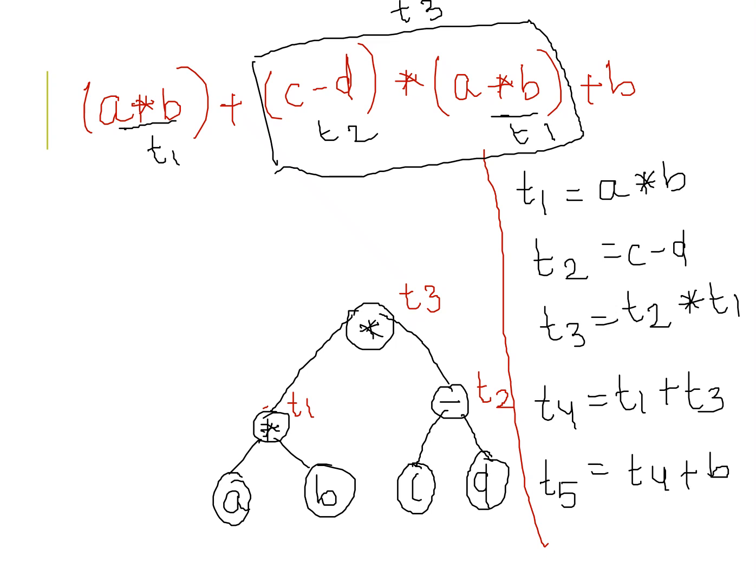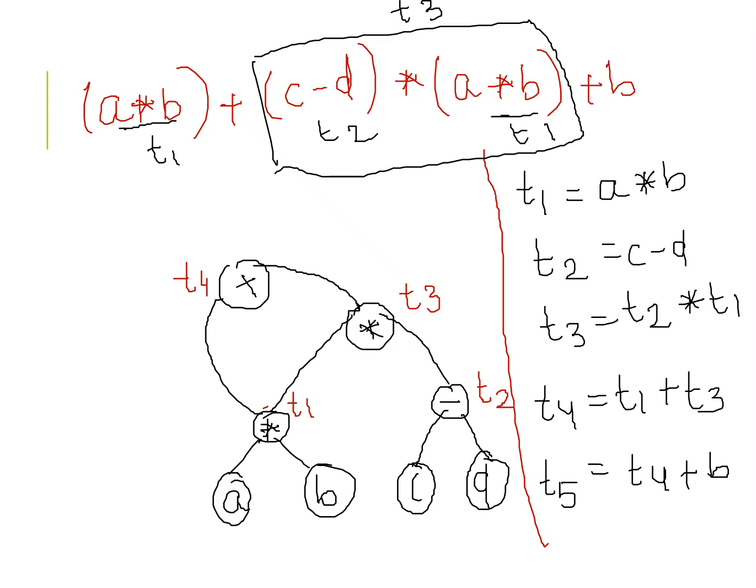So if you observe T1 and T3 over here, what I have to do is add. So I'll take this T1 node, I'll take this T3 node, and I will add this, naming this addition as T4, and then it is T4 plus B. So how will I do it?